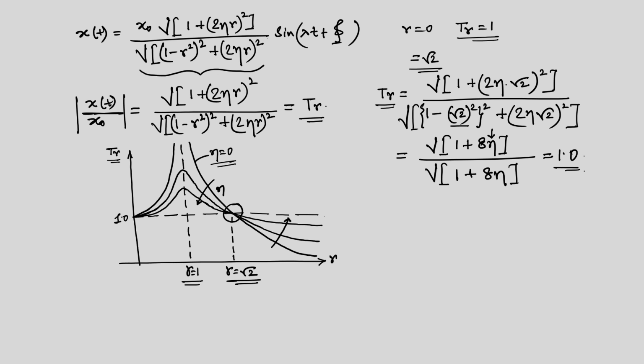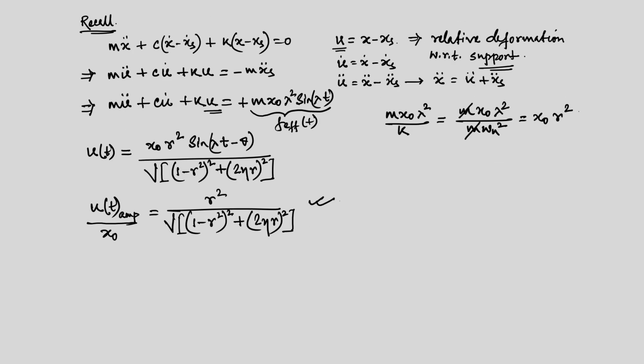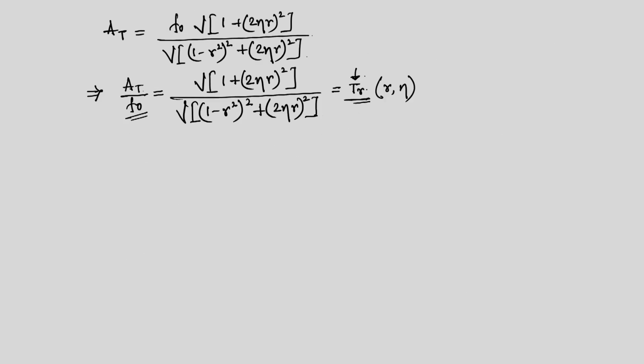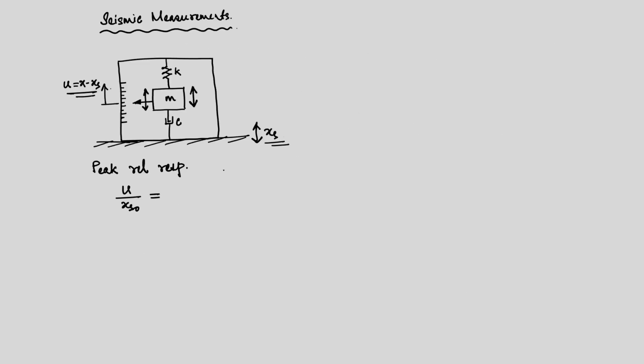So, let me see where it is here. This relation we will use. So, what is that quantity? It is r squared divided by the square root of (1 minus r squared) whole squared plus (2 eta r) whole squared. So, that is the expression for peak relative response.